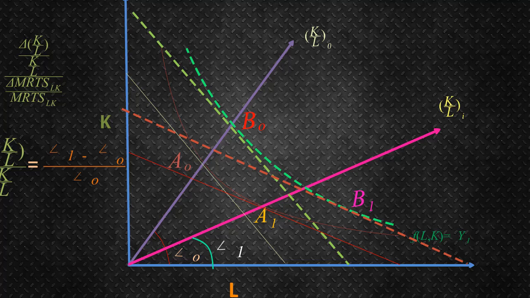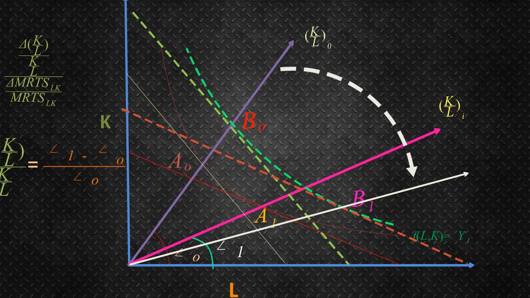The proportionate change in slope from moving point B0 to B1 is the same as the movement from A0 to A1, but the proportionate change in capital labor ratio from B0 to B1 along the new isoquant is greater than from A0 to A1 along the original isoquant Y1.